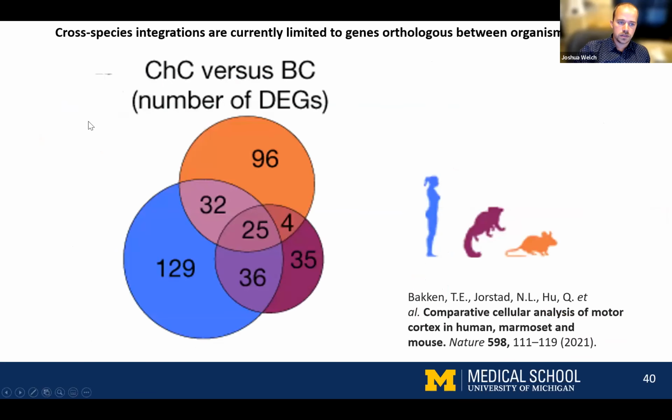For example, there's this data set from the Brain Initiative Cell Census Network, where they did a comparative analysis of motor cortex in human, marmoset and mouse. And they found a number of differentially expressed genes that were species specific.